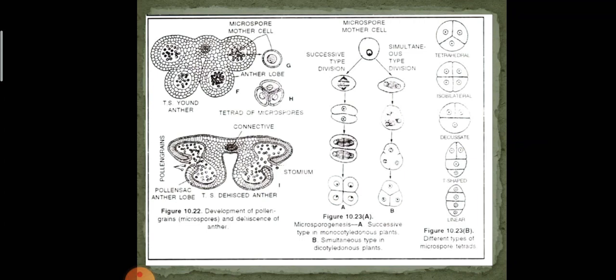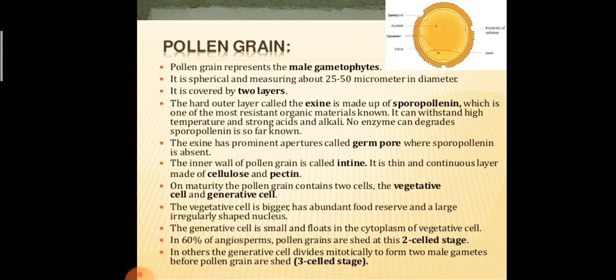Now we will discuss a typical pollen grain. The pollen grain represents the male gametophyte. These are a few typical structural forms, an introductory part regarding pollen grains.